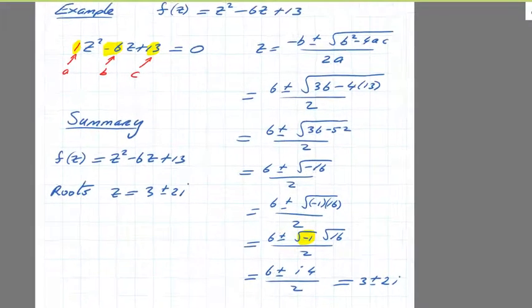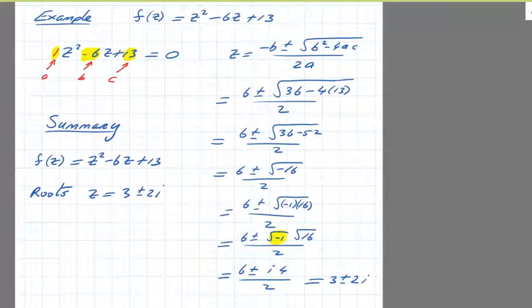A few things to notice there. It's the exact same method as we use in algebra for x's. Even back in junior cycle, if there were no easy factors, you just used the minus b formula. It's the same here. It's just that in junior cycle, you never ended up with a minus under the root. It was always a plus number. So when there's a minus, we just have to handle it a bit differently from here on. We just have to call it i. And that's the big thing that's different there.